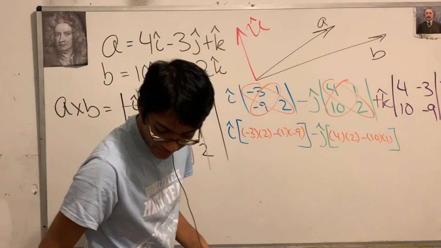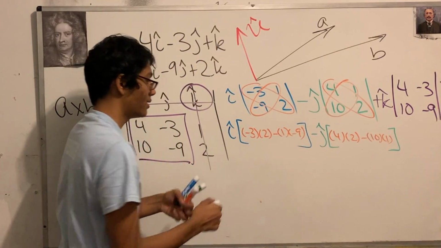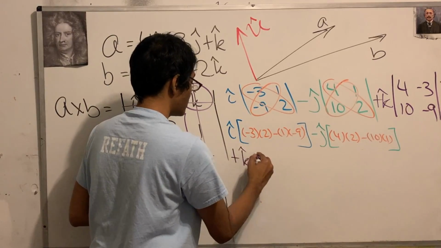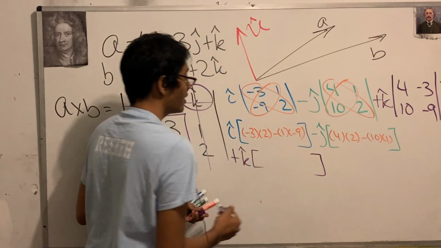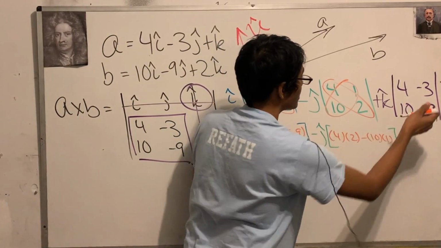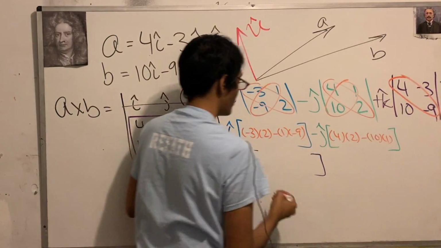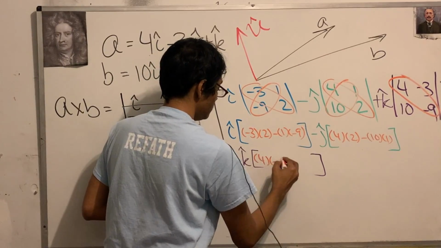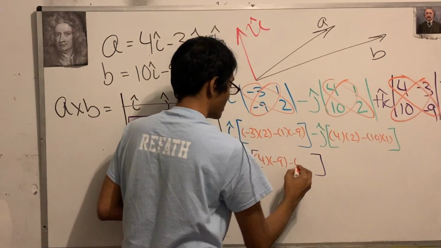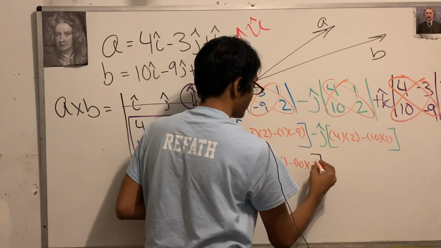Multiplication is commutative, so you don't have to bother about that. A lot of people ask that question, so good to address that. Finally, for our third determinant, we have our first diagonal, 4 times minus 9, minus our second diagonal, 10 times negative 3.